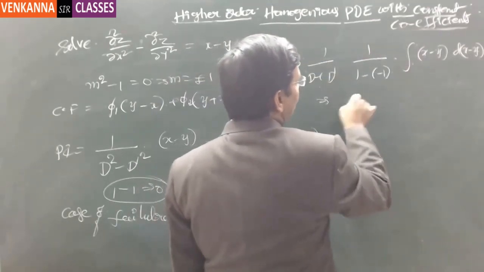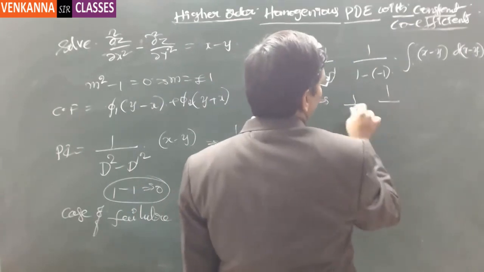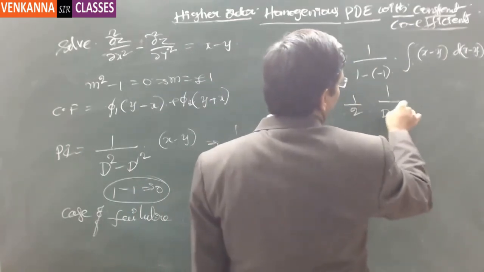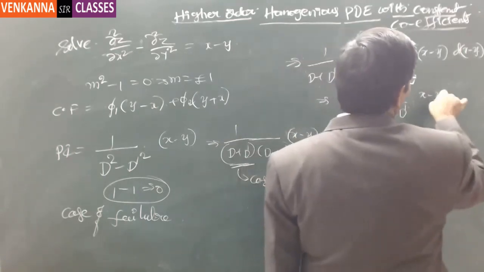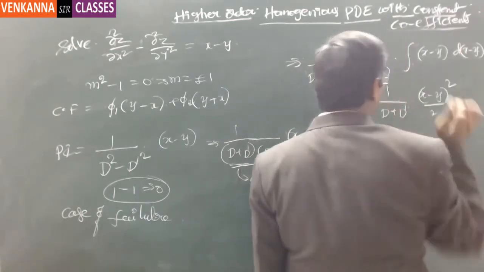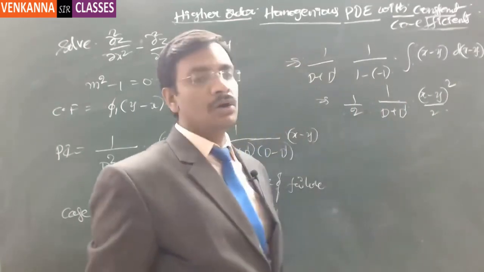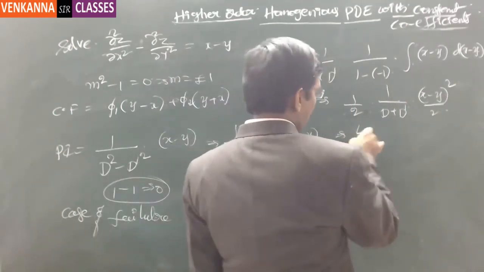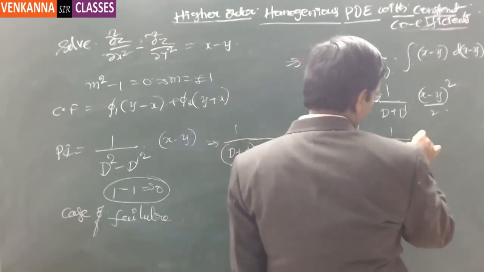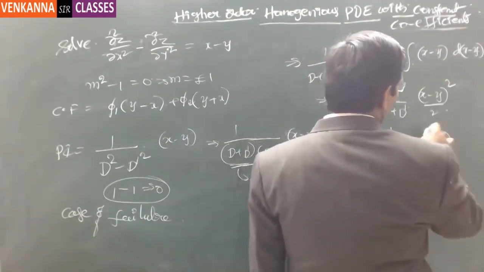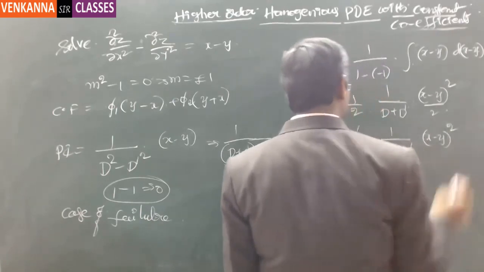Then this is 1 by 4, 1 by 2, and this is d plus d dash, and then if you integrate this x minus y whole square by 2. So but this is not operated yet. So this is 1 by 4 times of 1 by d plus d dash. Now we have to operate on x minus y whole square.